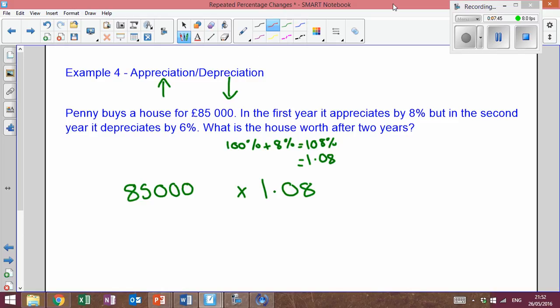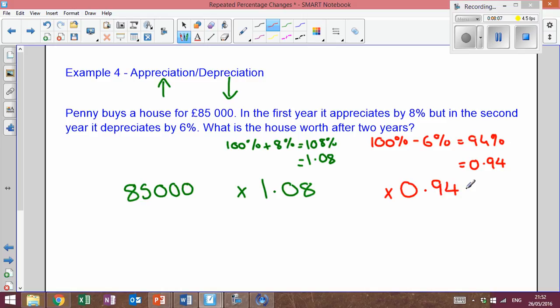In the second year, though, it is depreciating by 6%. So we're going to have 100% subtract 6%, which is 94%, which as a decimal is 0.94. So for that second year, we're then going to multiply it by 0.94.